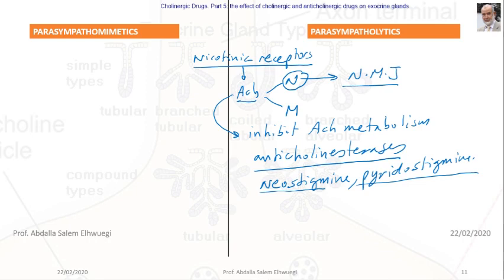Therefore, they are used in problems related to the neuromuscular junction. So maybe the most famous example is their use in treatment and diagnosis of myasthenia gravis.